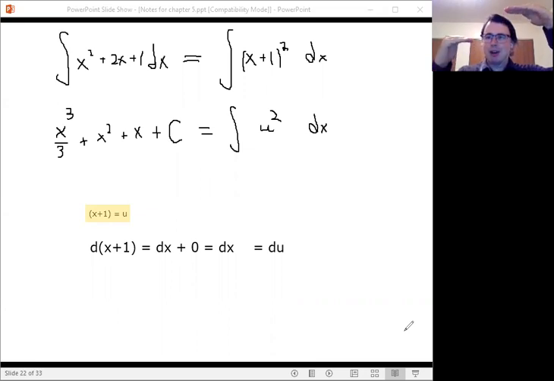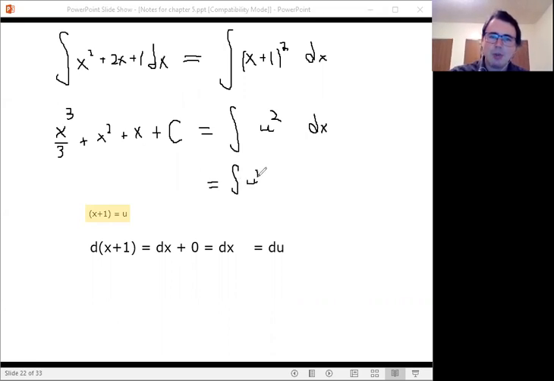If one of them gets bigger, they both get bigger by the same amount. So I'm going to make a substitution for my differential here. I've got the integral of u squared du, and my antiderivative is going to be u cubed all over 3.